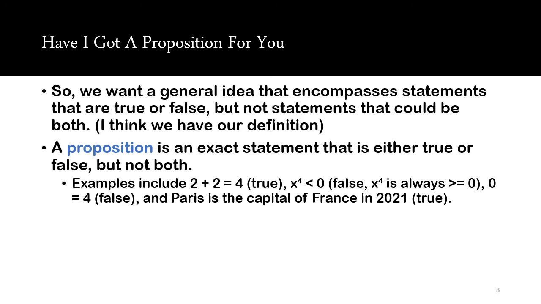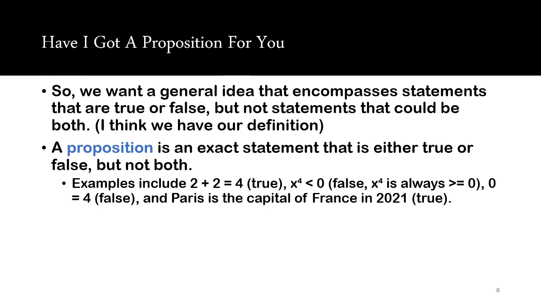So, examples of a proposition include 2 plus 2 equals 4, which is true. x to the 4th is less than 0, which is false because x to the 4th is always greater than or equal to 0. 0 equals 4 is false because it's not.